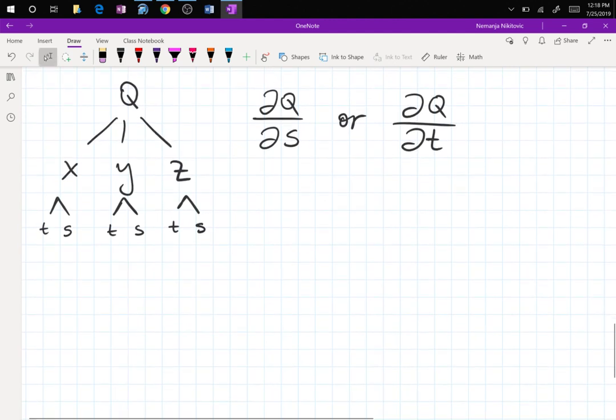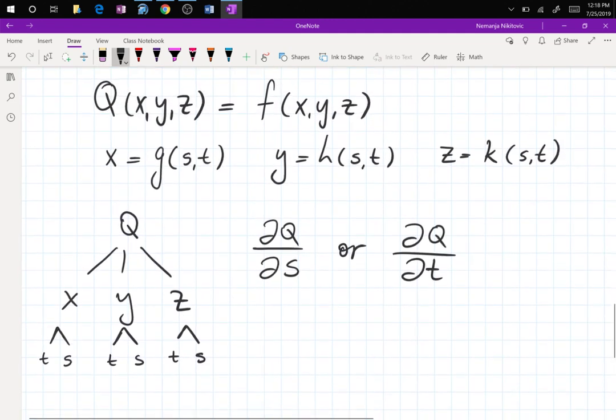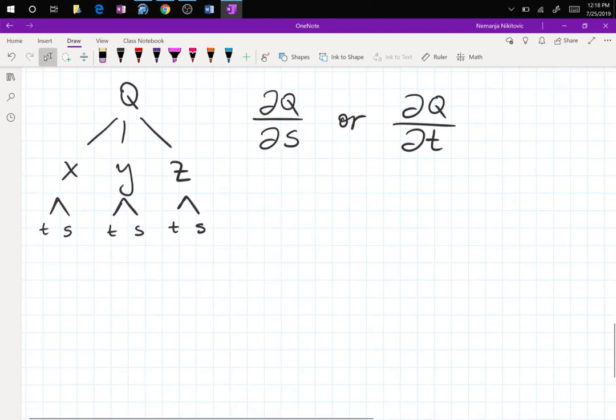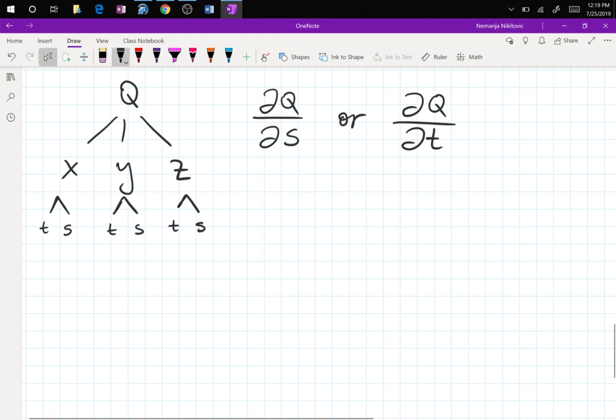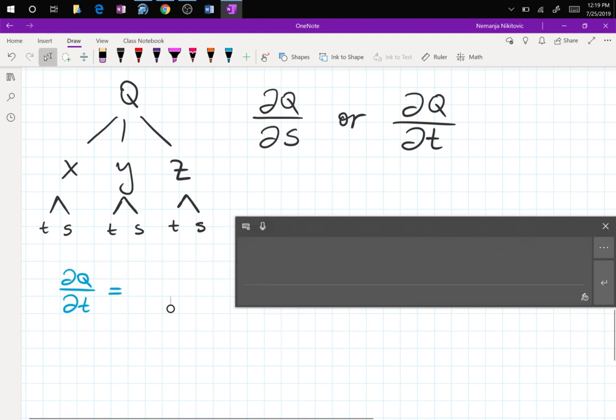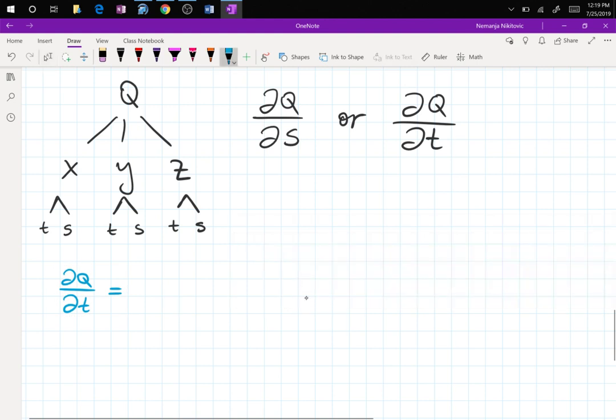So all I need is to look at the tree, right? So you look at the equations to draw the tree, and then you just look at the tree to come up with the equations. So in terms of the, let's do parameter t first. And I'm going to actually color code this. So let's go with blue. So you need to find all of the paths from Q to T through the tree.